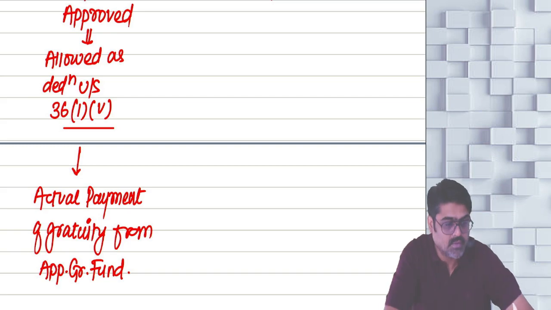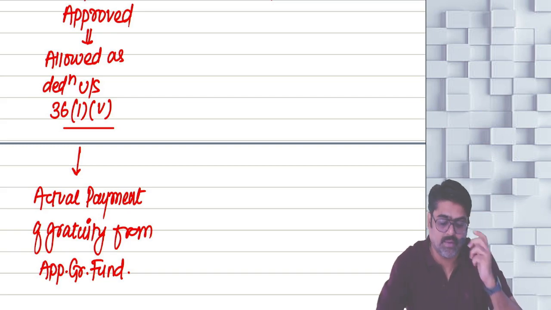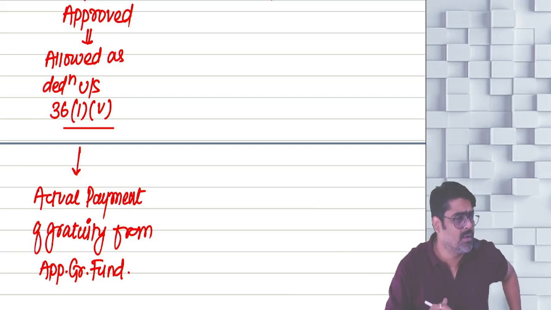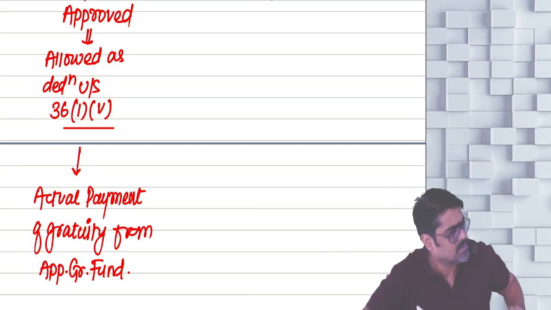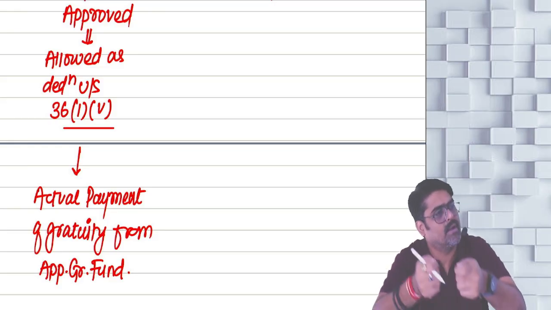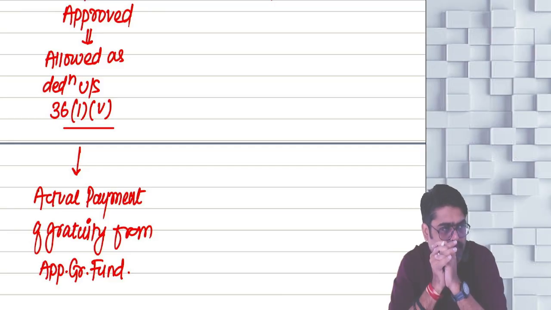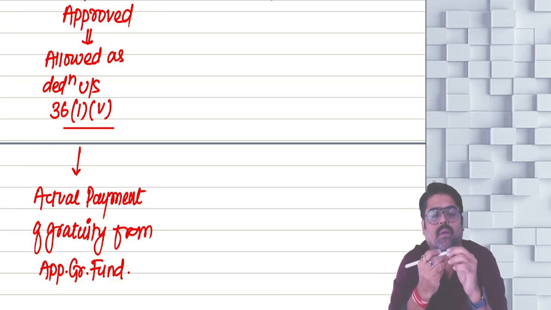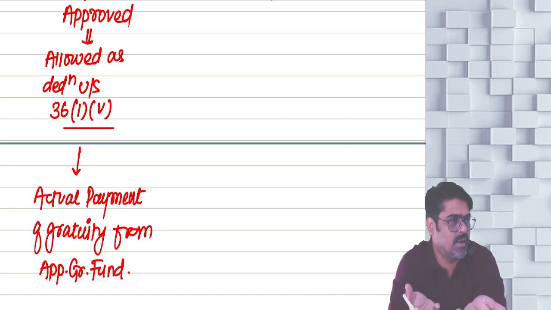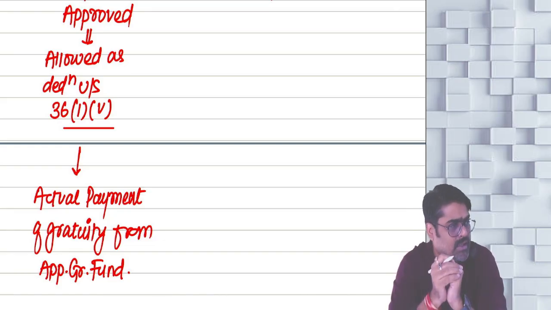Thank you. So approved gratuity fund, actual payment is made. Will it be made today or in future? In future, no? So in future, you are paying the gratuity to your employee. At that time, will you get any deduction for that gratuity? Gratuity you are paying to the employee is your business expense, should be allowed as a deduction.